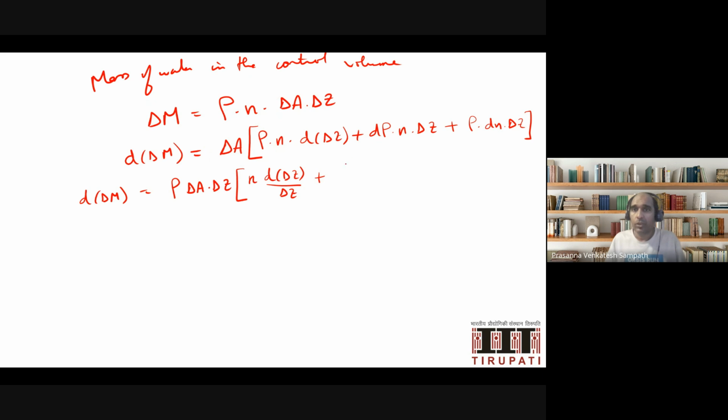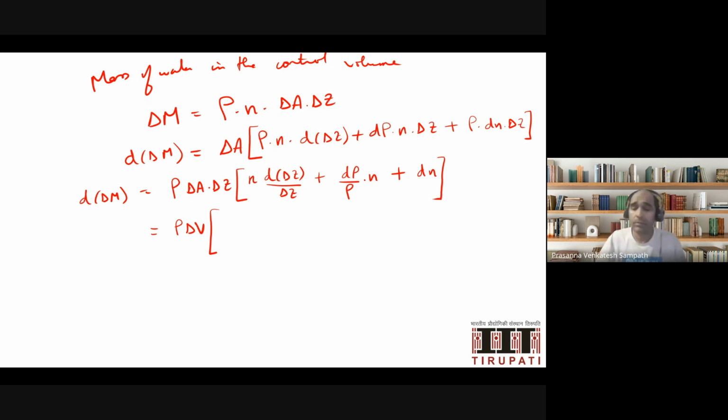There is no rho here, so I'll have to write this as d rho by rho times n. Delta z has gone out common, plus rho has gone out, delta z has gone out, so I'll be left with dn. I hope, yeah, looks correct. So that is equal to rho times delta v, because delta a times delta z is nothing but delta v, times, now let us try to go back and write everything in terms of alpha and beta.